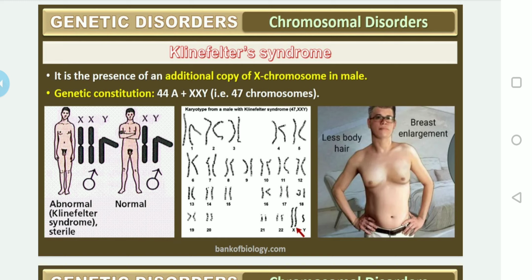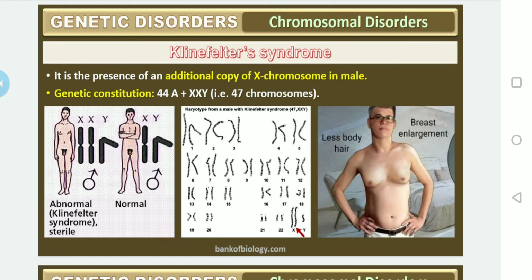This is an allosomal abnormality due to the addition of an extra chromosome. Hence it is a trisomic condition, 2n plus 1, and the affected individual has 47 chromosomes. The genetic constitution is such that the 44 autosomes remain as they are, but one extra chromosome gets added in males.